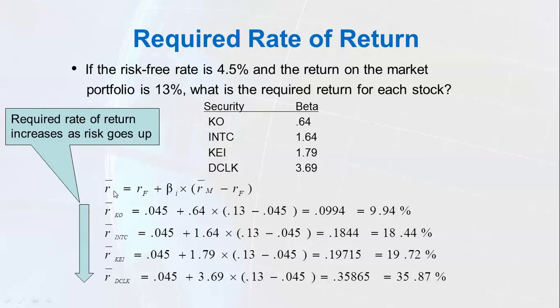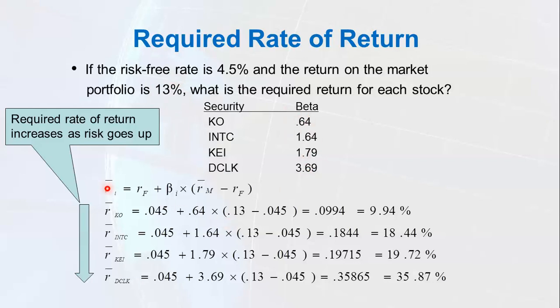So let's use Ri, the required rate of return. And we have these 4 securities. And as you can see, the beta is increasing. Okay. Everything else is the same. The risk-free rate is not going to be changing. The market return is not going to be changing. The only thing changing is beta.